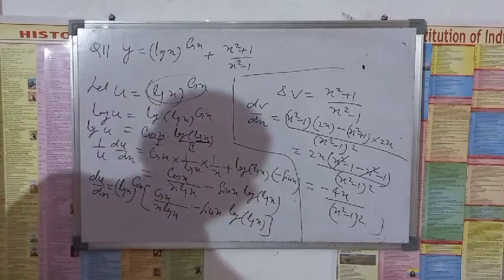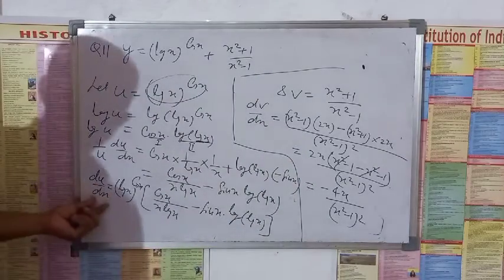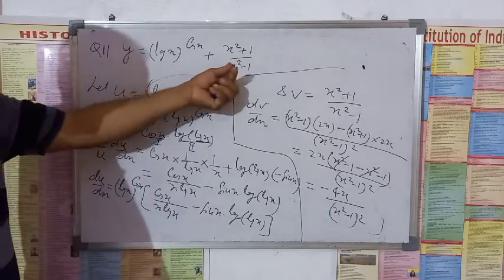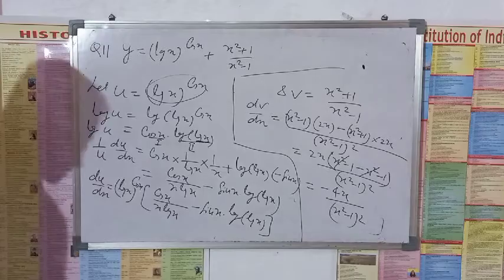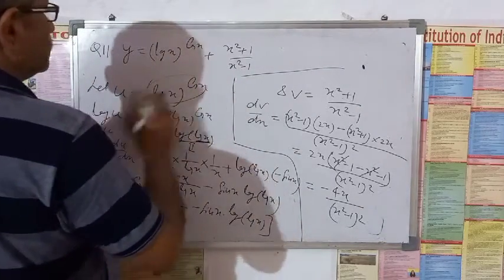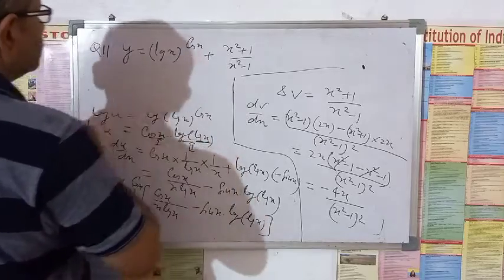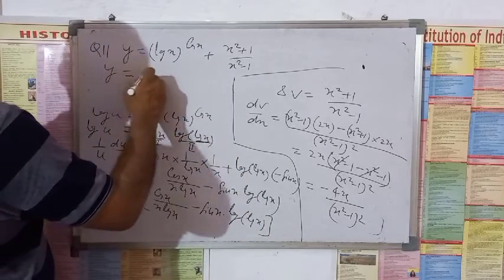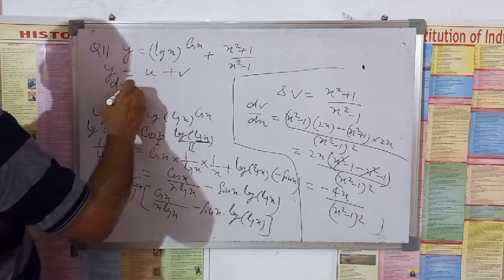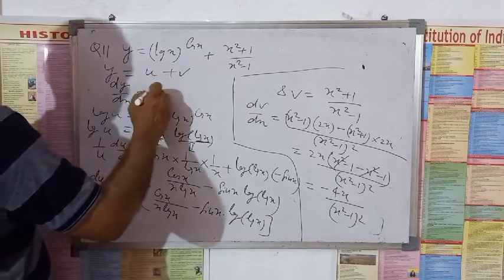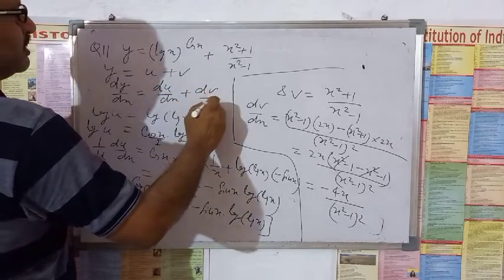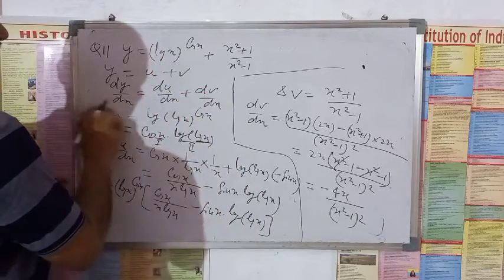Okay. So we have found here du by dx and dv by dx. This one is u, this is v. So y is equal to u plus v. dy by dx will be equal to du by dx plus dv by dx.